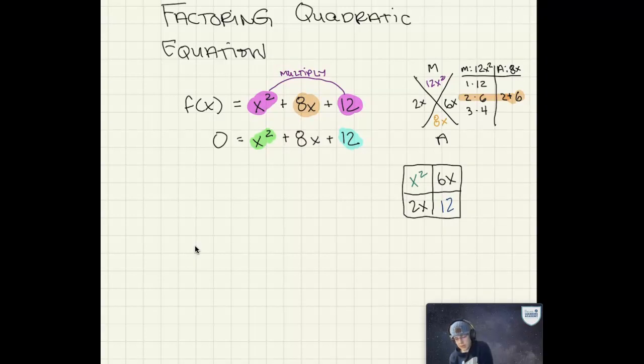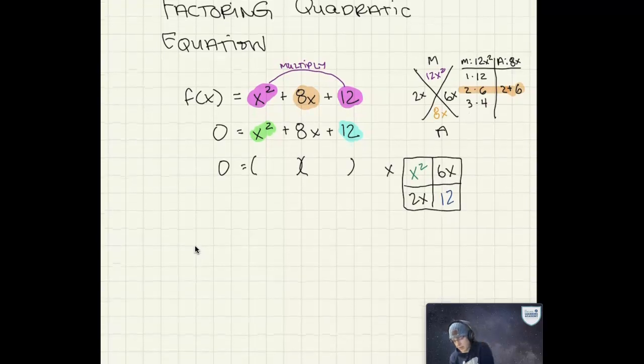Because what we're looking for is your two factors. So, x squared and 6x, they have an x in common. And because there's no coefficient in front of the x squared, we know that both of those things are going to be x.